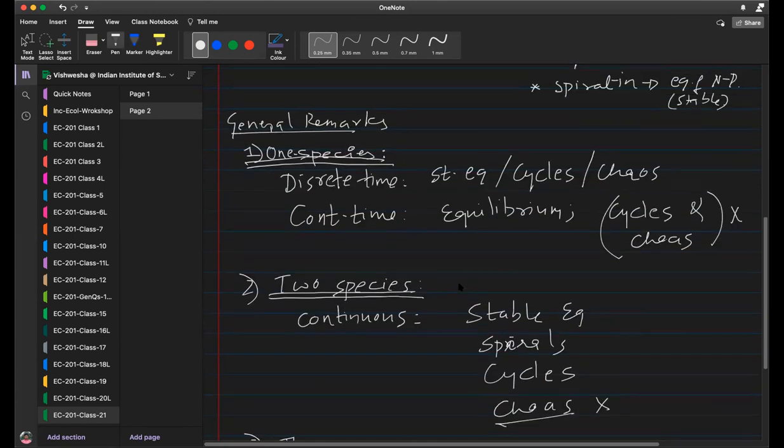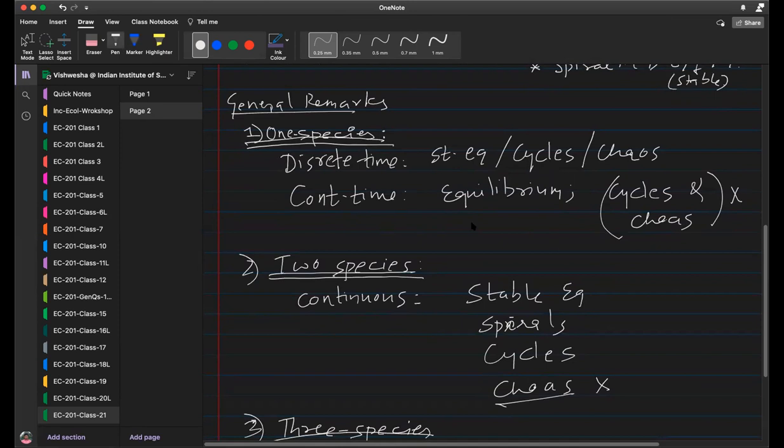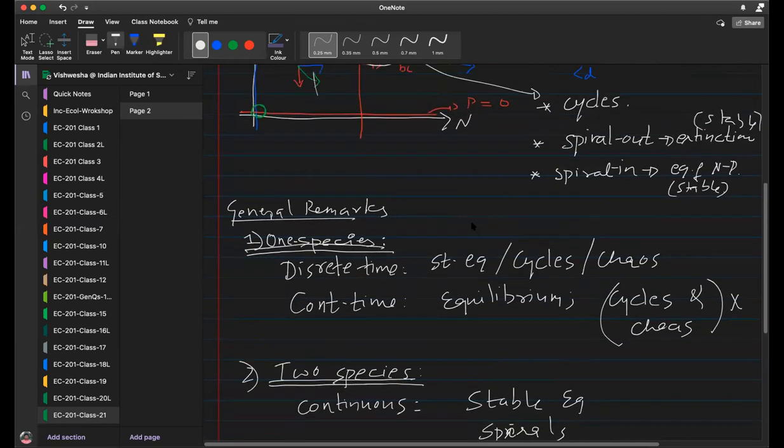How is it that cycles were not possible in one species continuous time, but they're somehow appearing in two species continuous time, whereas one species discrete time actually allowed cycles? What is it about the mechanism possible in discrete time one species that can happen only in two species continuous, but not in one species continuous? Okay, I really leave that as an exercise for you to think about.